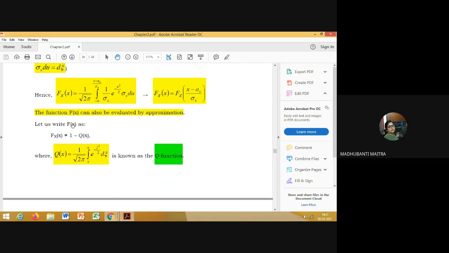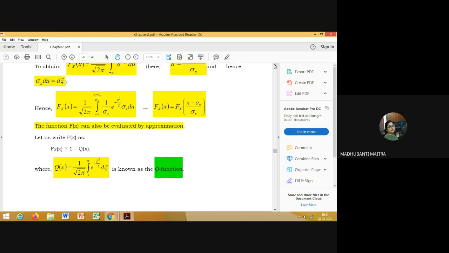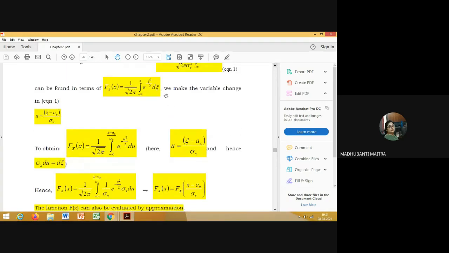So let's write Fx as Fx is equal to 1 minus Qx. If I consider this expression of Fx, then the limit was: Fx is equal to 1 by root over 2 pi, and the limit of integration was minus infinity to x. Why? Because it was giving us the probability that the random variable X is less than or equal to x.